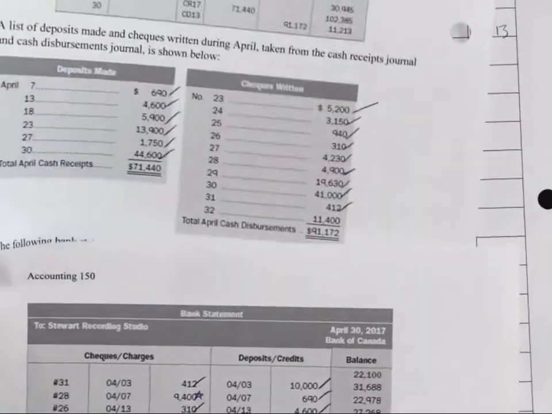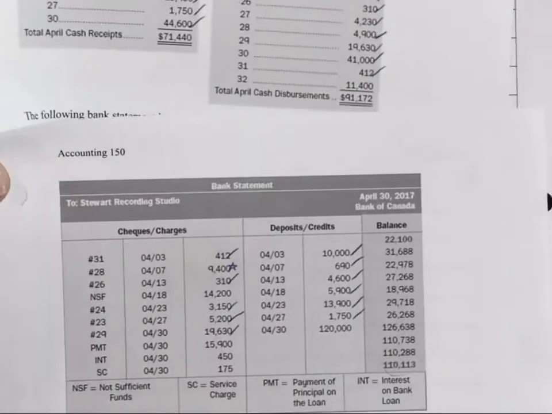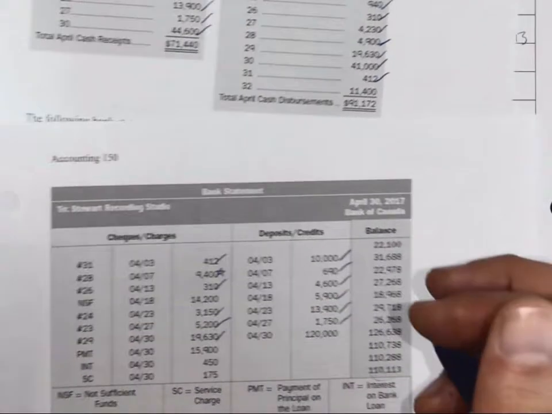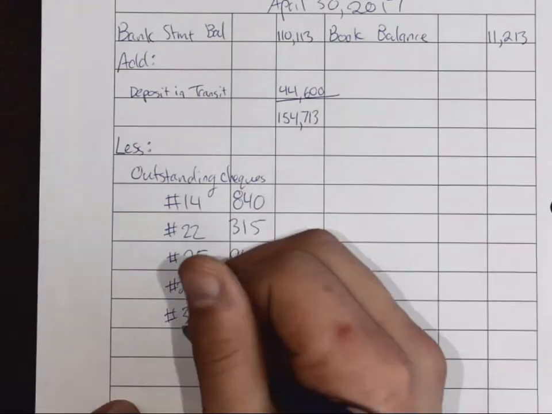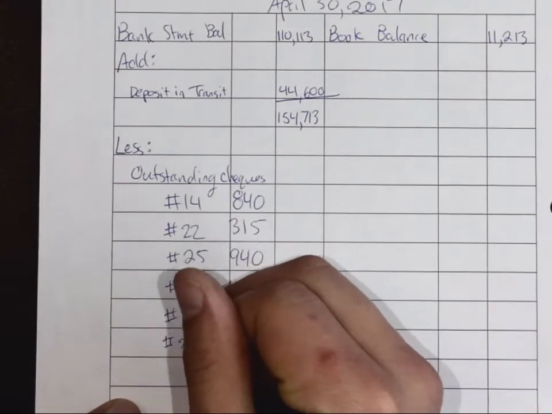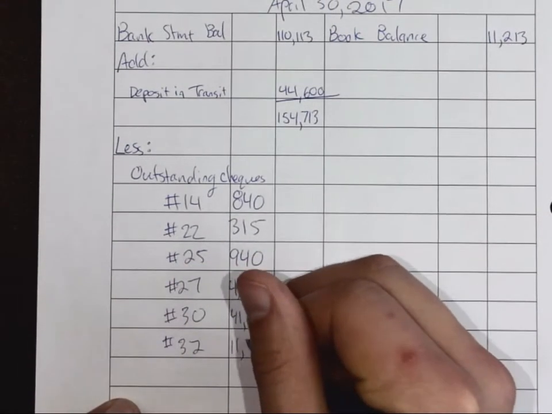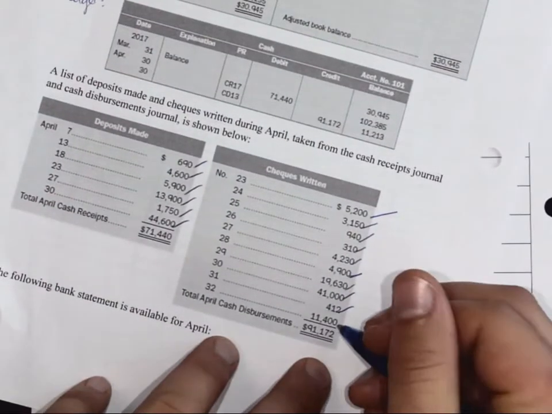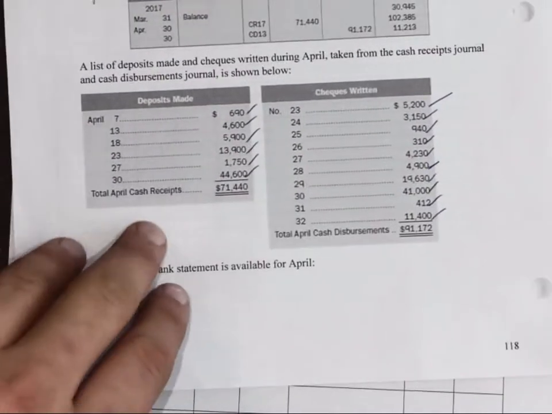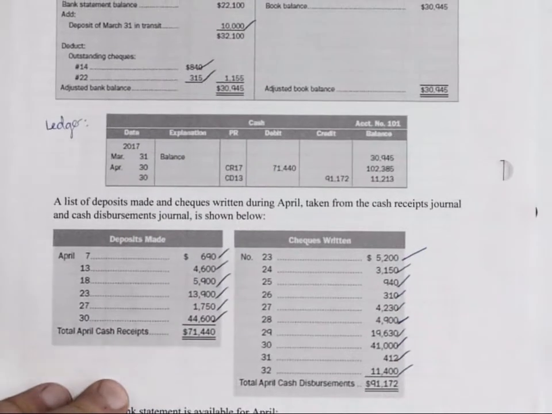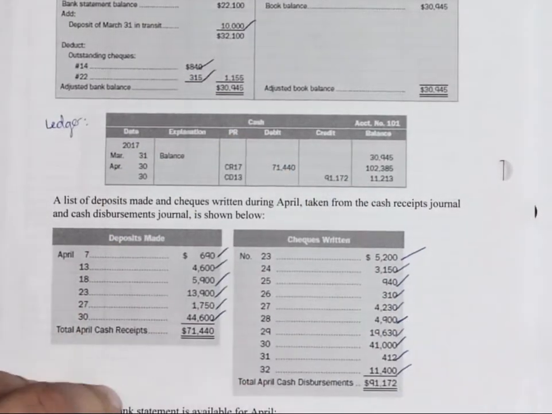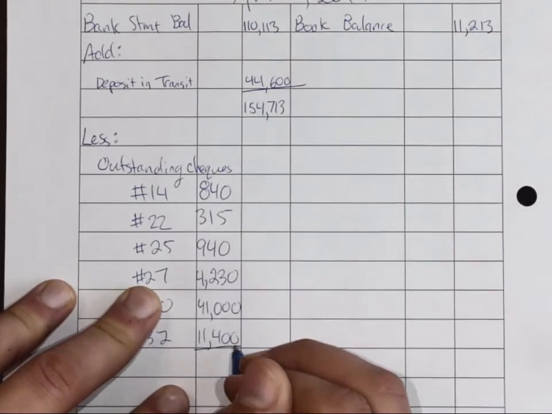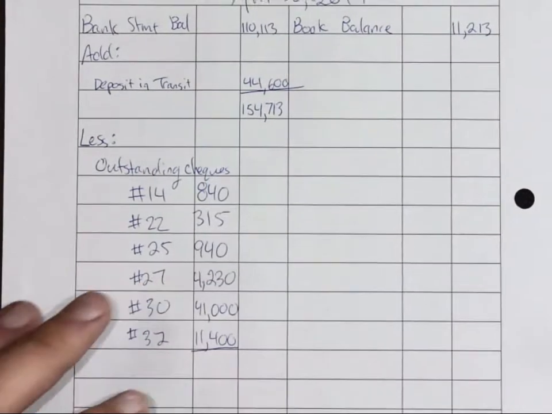And check 32 for 11,400. No. So now we've either included all of these, they've already been found in the bank statement, or we've included them in our rec, right? All the outstanding checks. So we're satisfied that we have nothing else. What is the total of all of our outstanding checks?